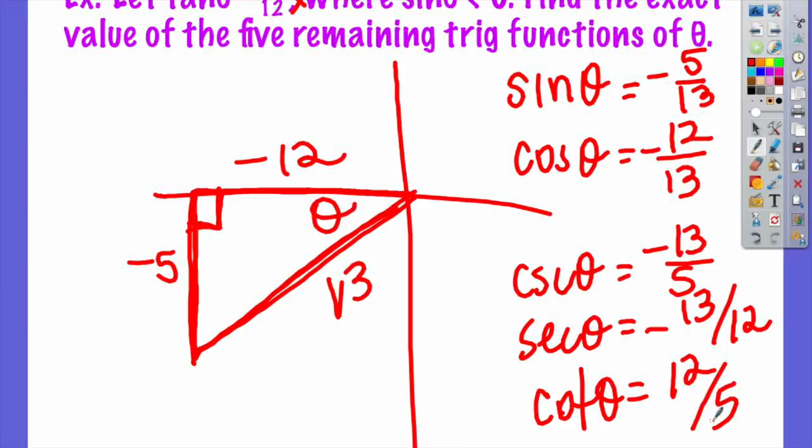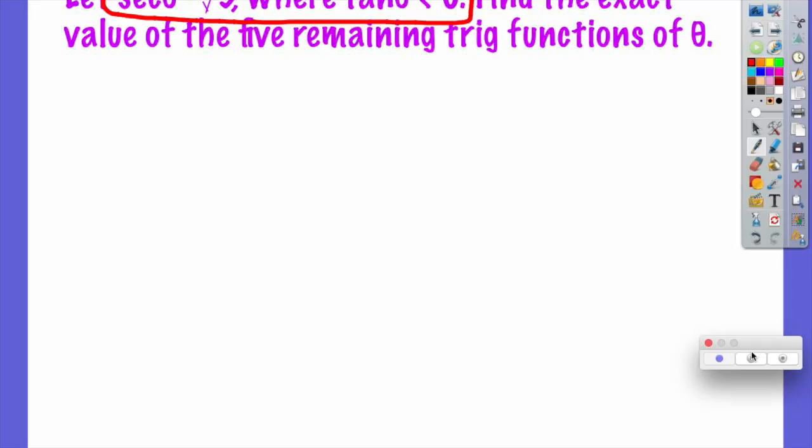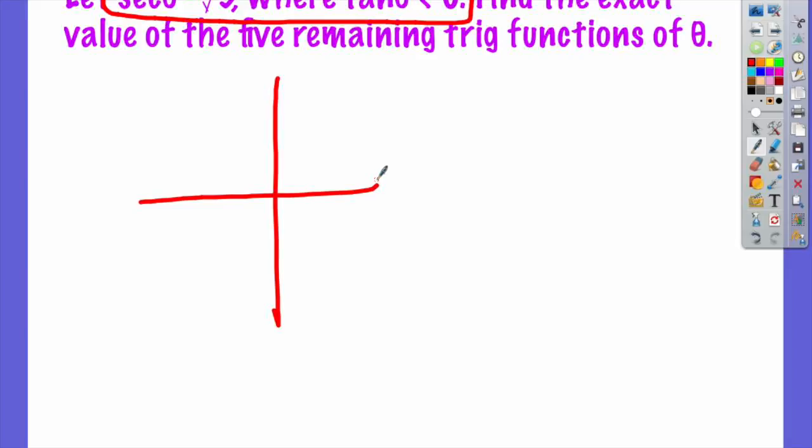Still easy, right? Just make sure that you're in the right quadrant. You guys get down secant theta equals the square root of 3, where tangent theta is less than 0. That's the very last one. And let's talk about quadrants real quick. We're not going to do this one all the way out because I'm running out of time, but tangent less than 0 means where is tangent negative?